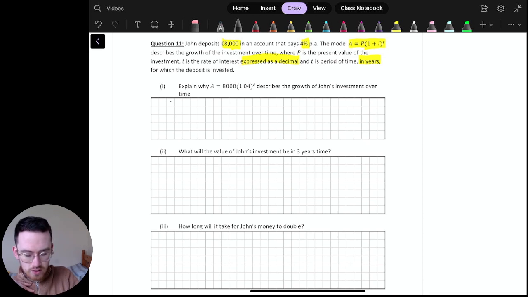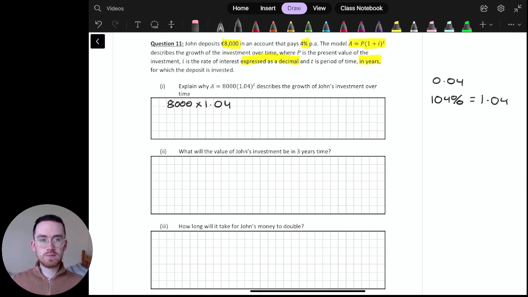So in the first year, he has 8,000 and he's going to get 4% added on. To do that quickly, we can multiply by 1.04. That's the same as getting 4% and adding it on, because 4% is 0.04. And if we think about it, we're essentially getting 104%, which as a decimal is 1.04. It's called a multiplier. So multiply by 1.04, and that will give us the amount of money for 1 year.